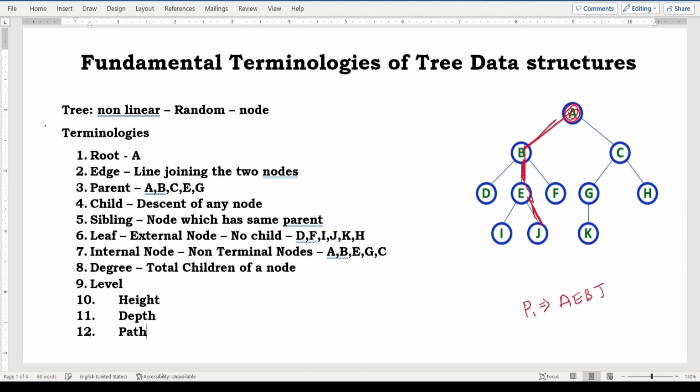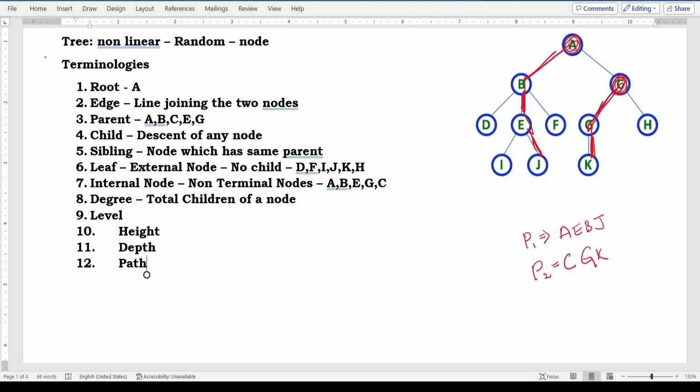That is the first path. Second path, suppose I take the path from C. From C, I go to G, I go to K. So the second path is C, G, K. Like that, start from any node and end at any node. It is a path. It's just the English meaning.